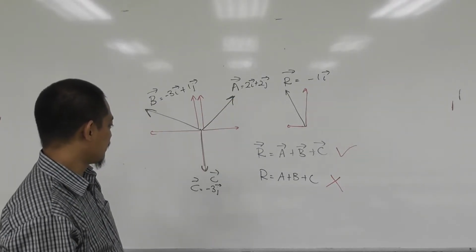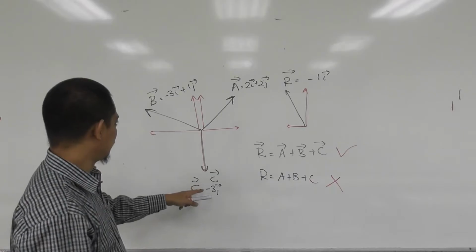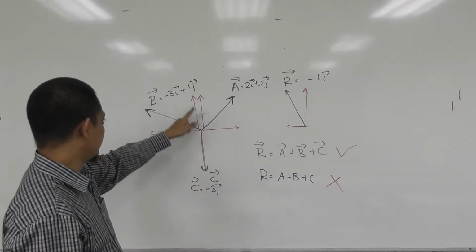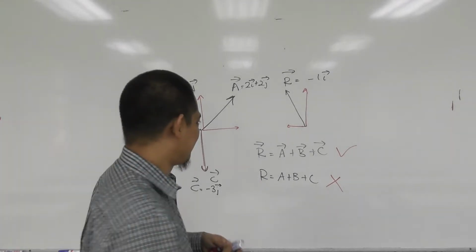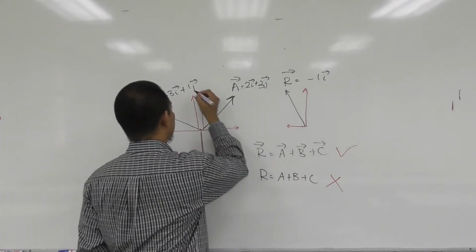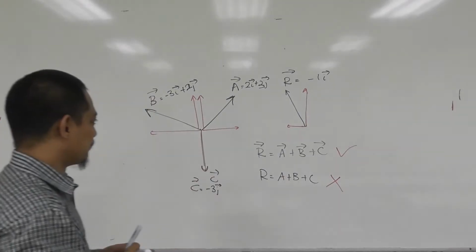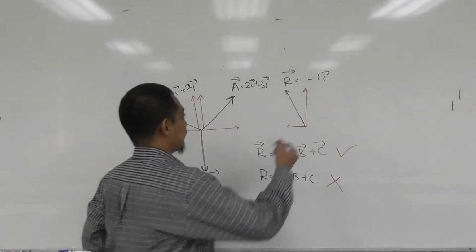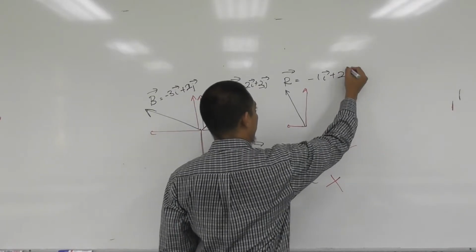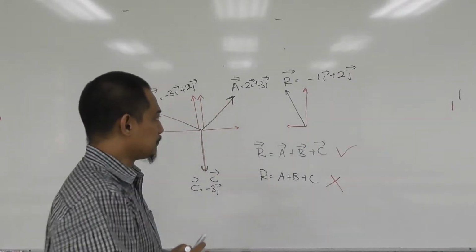Wait a second. This only makes sense if this height is the same. Okay, let's change the number. This is 3, this is 2, to make it more believable. So 2 plus 3 becomes 5, minus 2 becomes 3, plus 2j, for example.